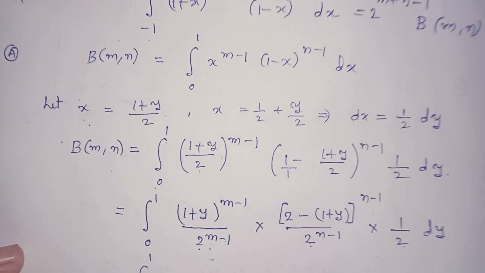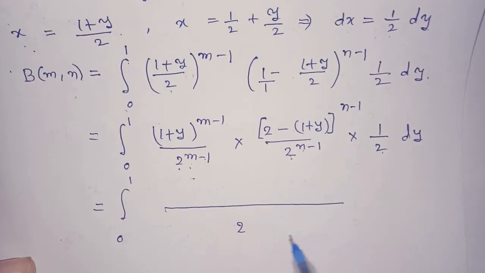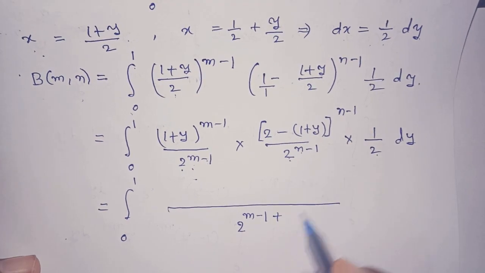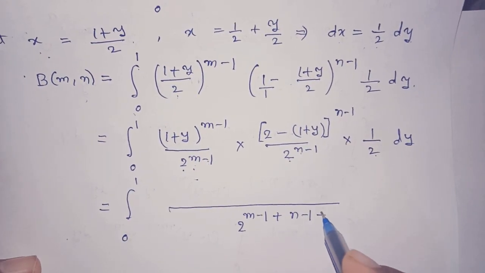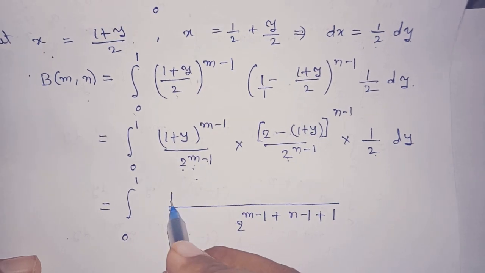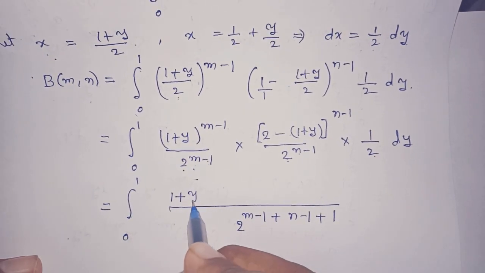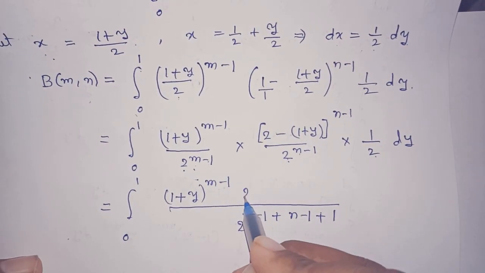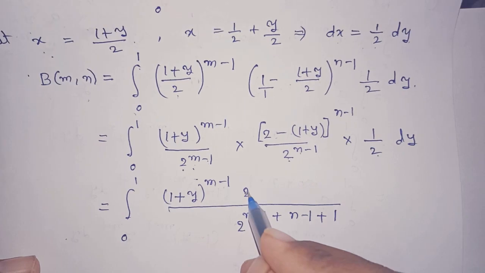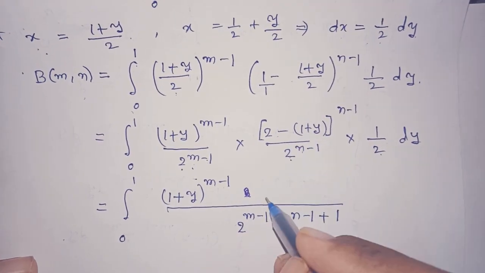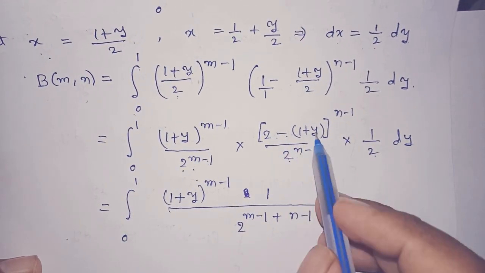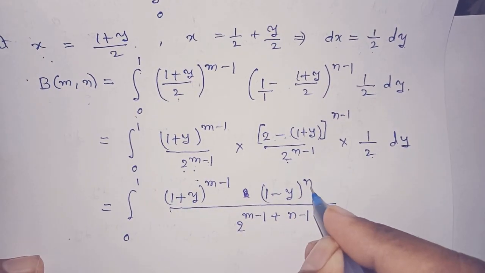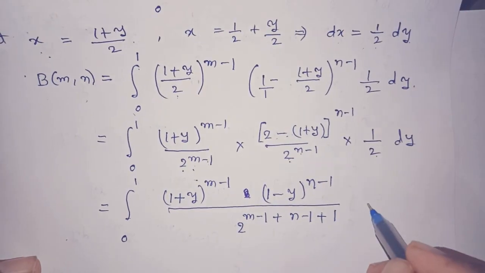Therefore 2 power of m minus 1 plus n minus 1 plus 1 in the denominator, and in the numerator we have (1 plus y) power of m minus 1, (2 minus 1 minus y), that is (1 minus y) power of n minus 1 dy.